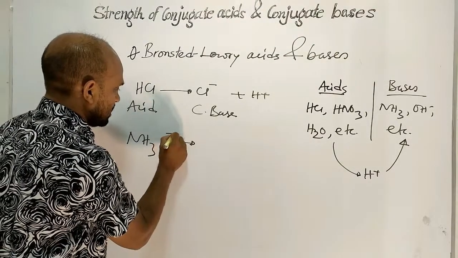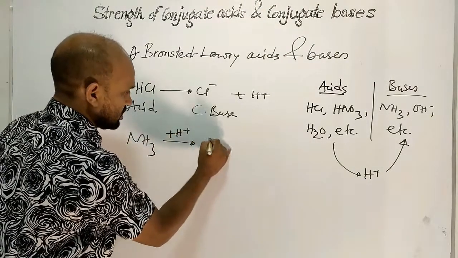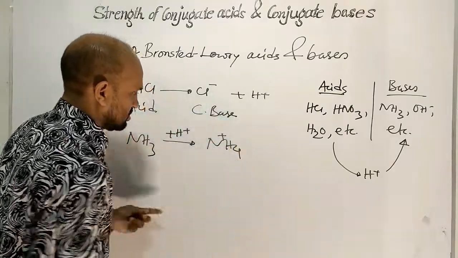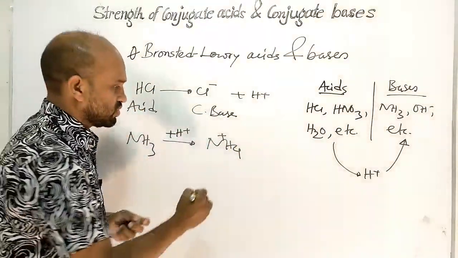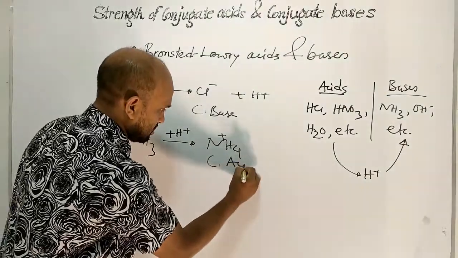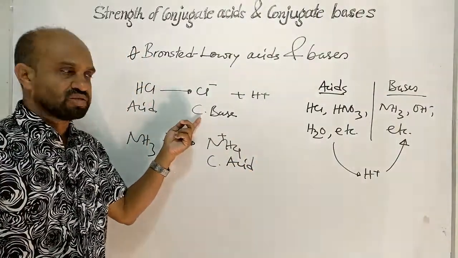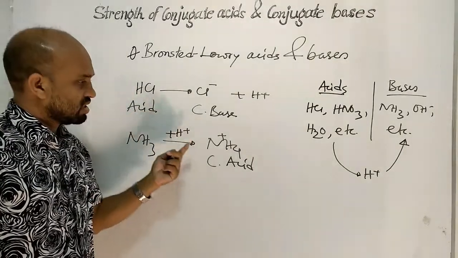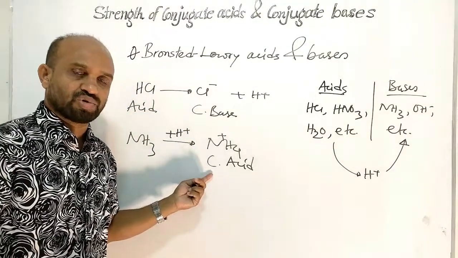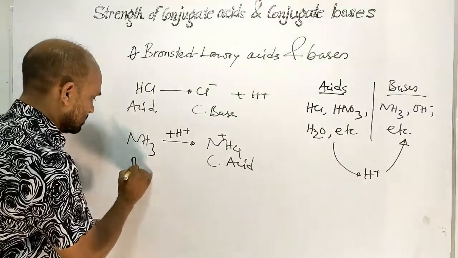So after gaining proton, it becomes ammonium ion, which is a kind of conjugate acid. So chloride ion is the conjugate base of this acid, and ammonium ion is a kind of conjugate acid of this base.